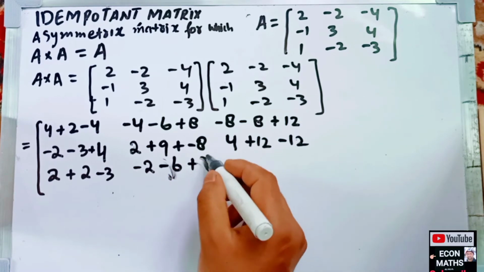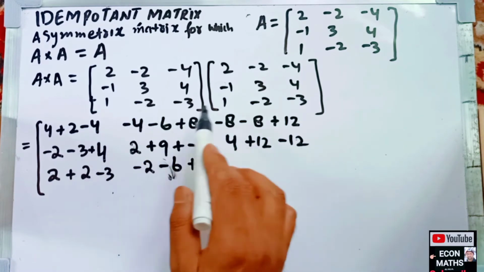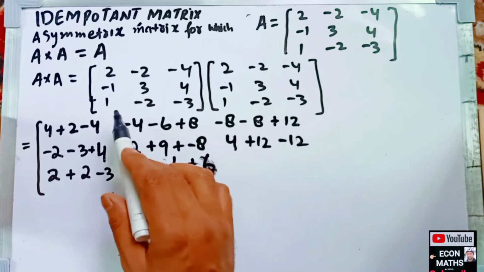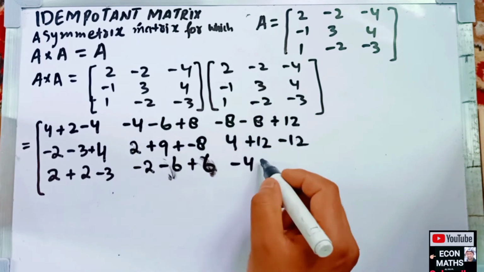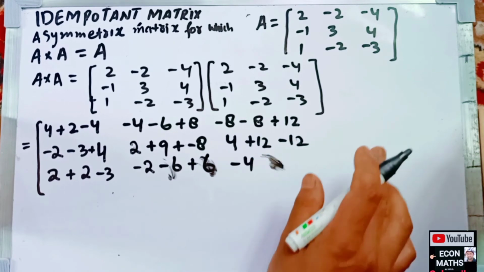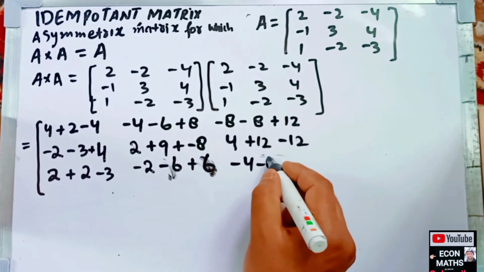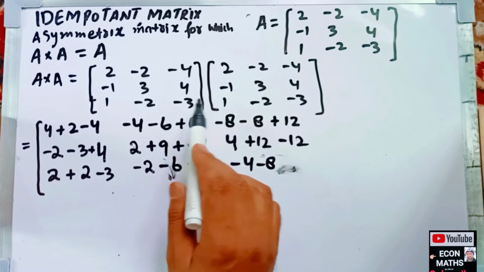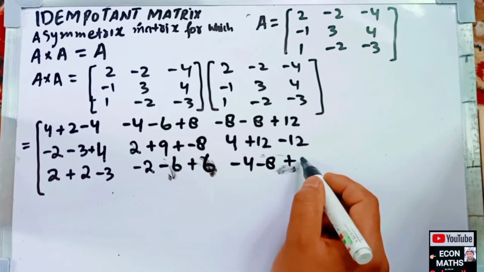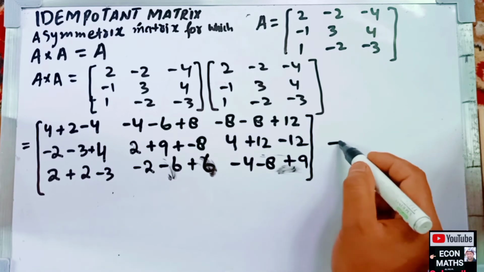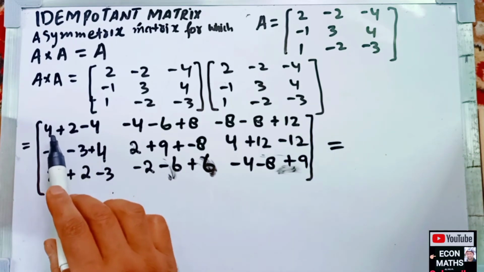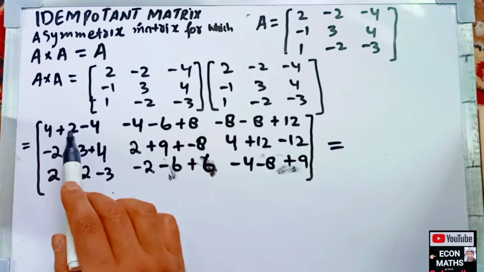Similarly, third row, third column, that is 1 into minus 4, that is minus 4. Minus 2 into 4 is minus 8. Similarly, minus 3 into minus 3 is plus 9.